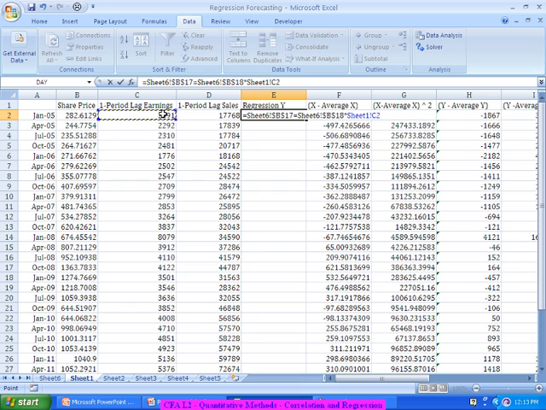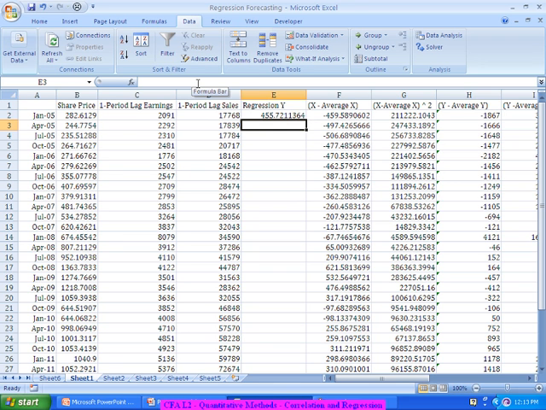Based on that, I'm trying to find what should be the value of y if I use the regression equation as a substitute. So 455 should be the value, which means my regression value is 455, whereas my actual is only 282.